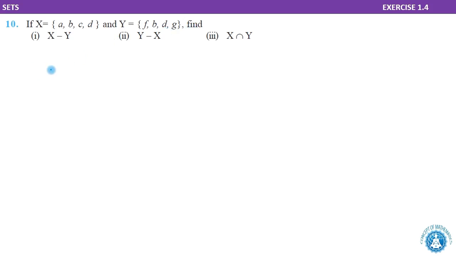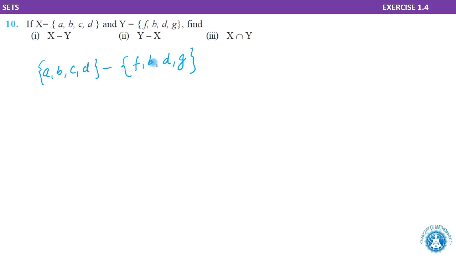Okay, so first we will write A, B, C, D. Okay, then we will write Y, that is F, B, D, G. So now we will remove all elements of Y which are present in X one by one.